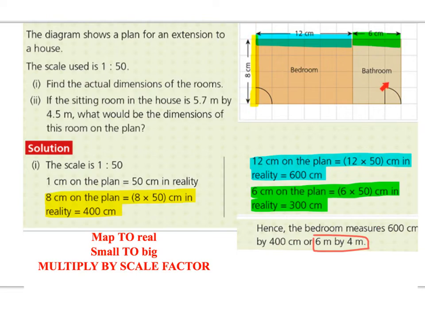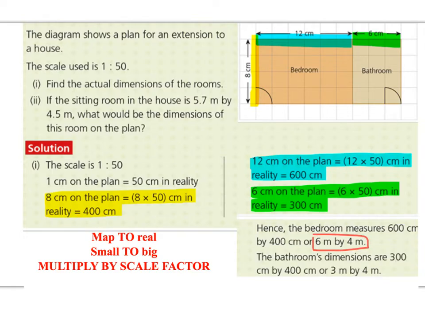And now we're going to do the same with the bathroom. So we know that the green wall is 6 centimetres on the plan, which is 300 centimetres in real life. But this other wall matches the bedroom wall, the yellow wall. So this is also 8 centimetres on the plan and 400 centimetres in real life. So the bathroom's dimensions are 300 centimetres by 400 centimetres.